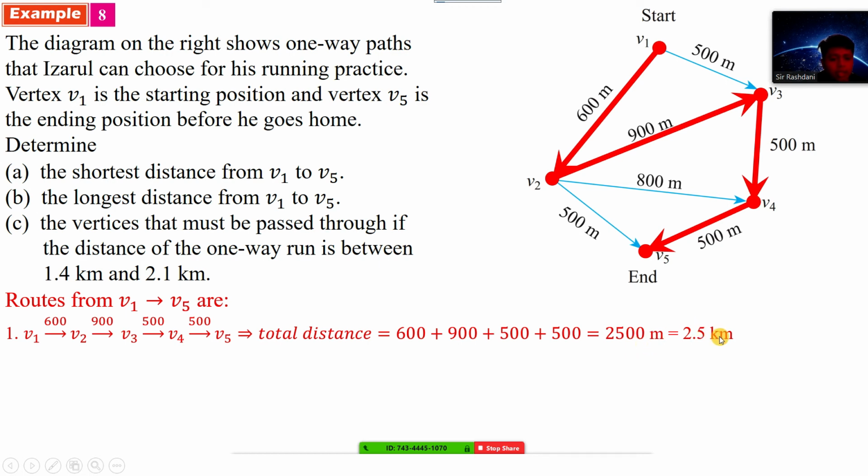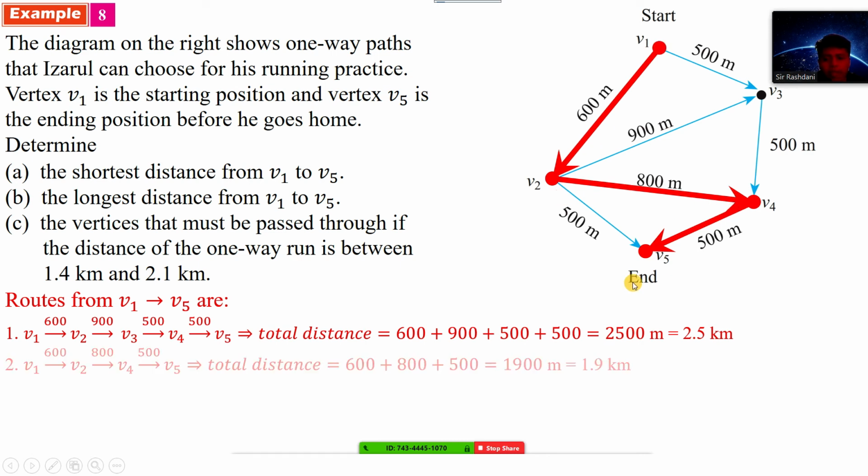We change it to kilometers, and we get 2.5 kilometers. The second road is from V1 to V2, V4 and V5. So the distance will be 600 plus 800 plus 500, so you will get 1,900 meters. Change it to kilometers, you will get 1.9 kilometers.